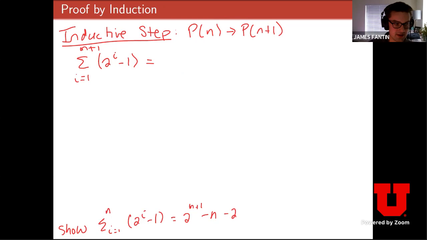So we have a sum from i equals 1 to n plus something else. How do we usually do that? Which makes applying the inductive hypothesis really easy.